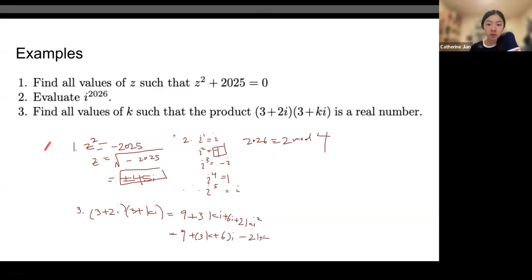And then for this to be real, we can group it: 9 minus 2k plus 3k plus 6i. As we saw in the previous slide, if we want this complex number to be real, then the coefficient of the imaginary part has to be 0. So that means that 3k plus 6 has to be equal to 0, so k is equal to negative 2. So that's the answer for this one. Does anyone have any questions?